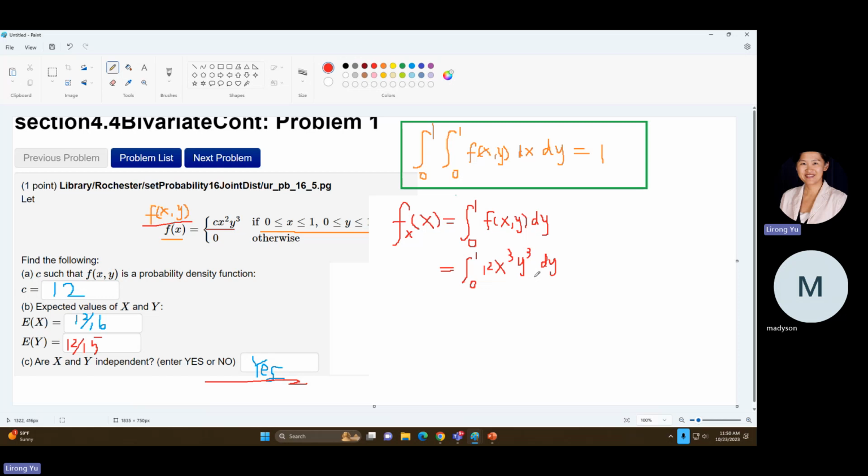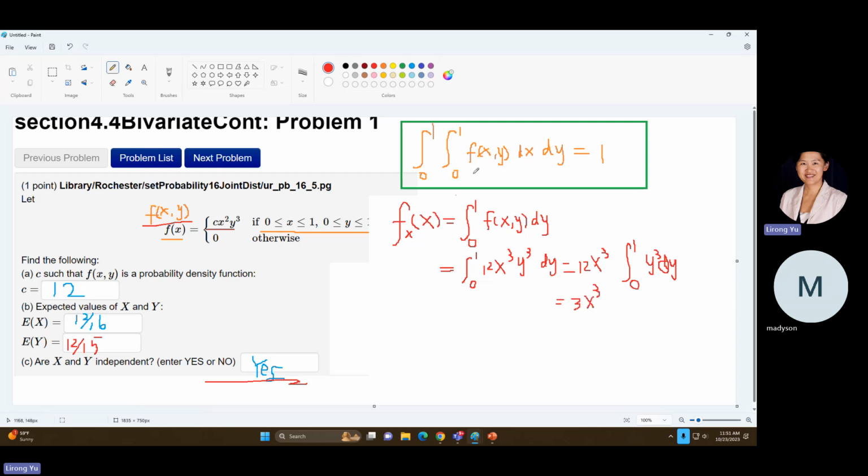In the integration process, because of multiplication, 12x squared can get out, and then the integration will just be a coefficient. So we will have 12x squared times the integration 0 to 1 of y cubed dy. So that ends up being 1/4. So we will have 12x squared times 1/4, which is 3x squared.